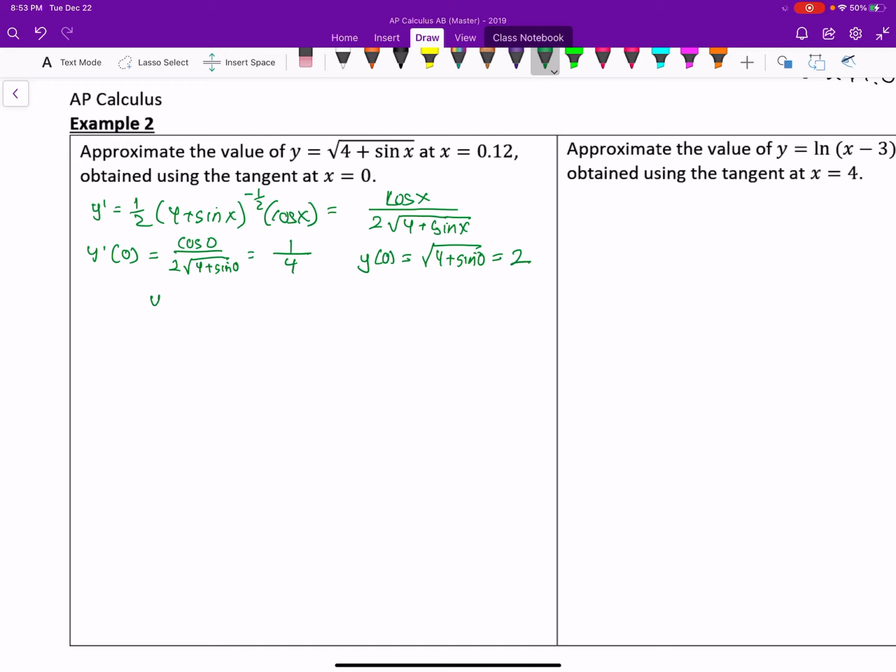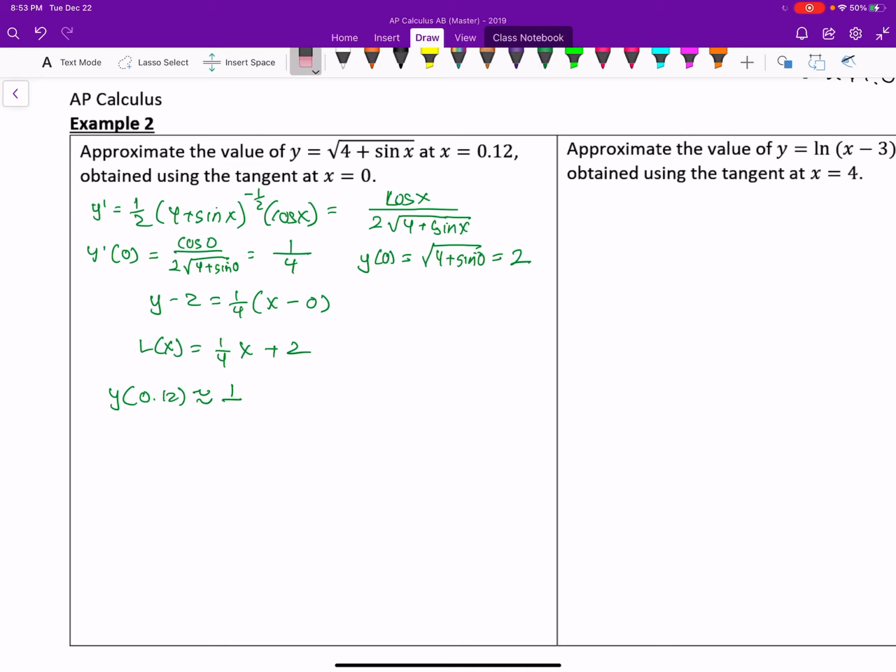So our tangent line is going to be y minus 2 is equal to 1/4 times x minus 0, like that. And that's our linear function we're using to approximate, 1/4 x plus 2. So we're trying to find y of 0.12, and I'm going to use the linearization to approximate that.